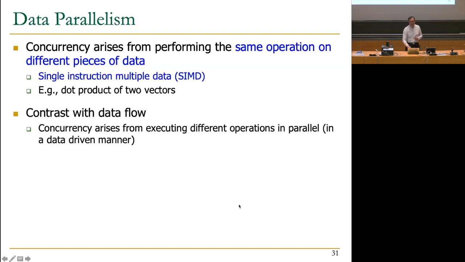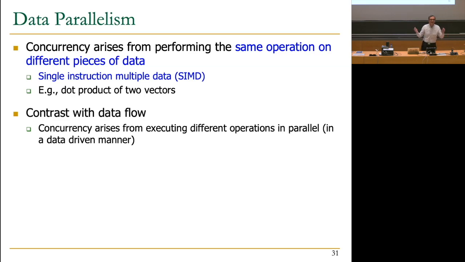Now, contrast this with data flow. In data flow, concurrency arises from executing different operations in parallel in a data-driven manner. Basically, data becomes available, it fires an instruction, and these fired instructions have no relationship to each other, except they happen to have their data ready at a given point in time.